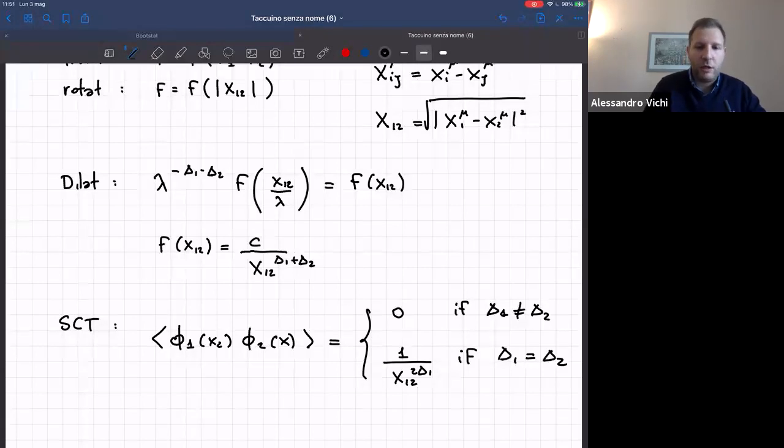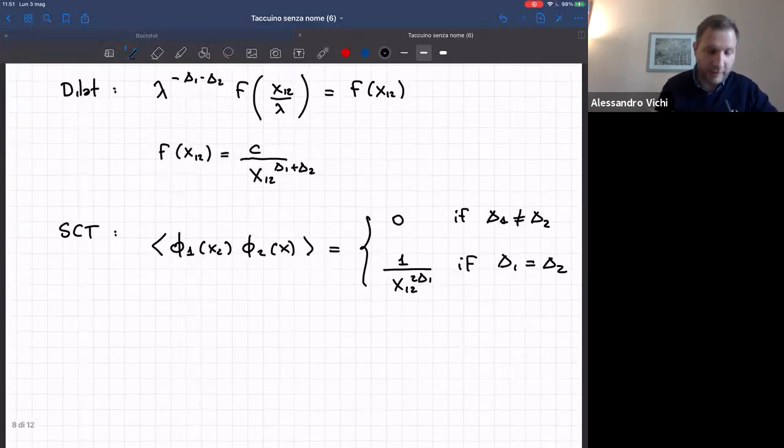So in particular, you can imagine diagonalizing the space of operators with the same dimension and assume that an operator has non-zero correlation function only with itself. And this is always possible in a unitary theory. It's not possible, for instance, in a log CFT, but this will not appear in our discussion.